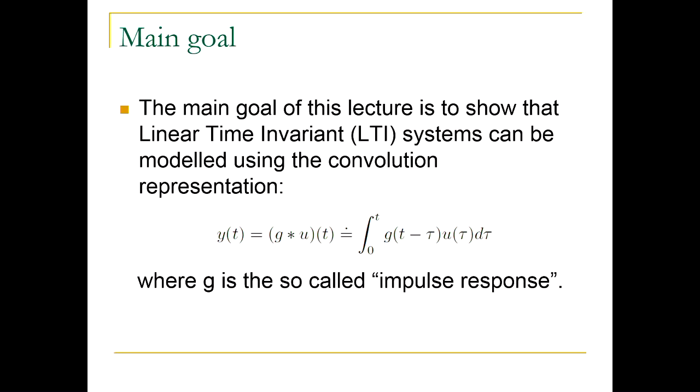So what is convolution? Well, it's an equation that relates an input and output of a general linear system. So the convolution representation is special to linear systems. Nonlinear systems do not have this sort of representation or property.